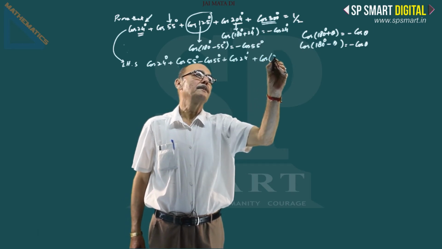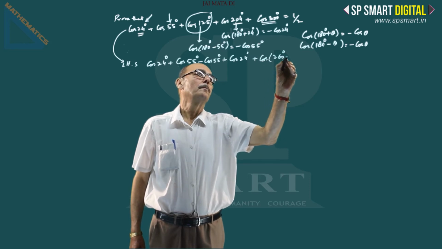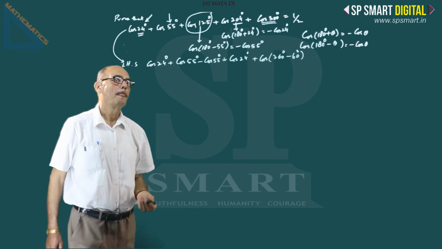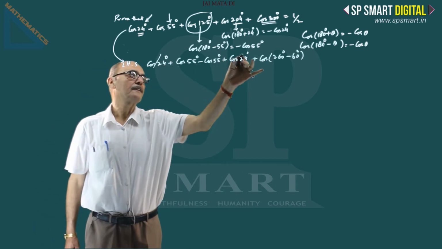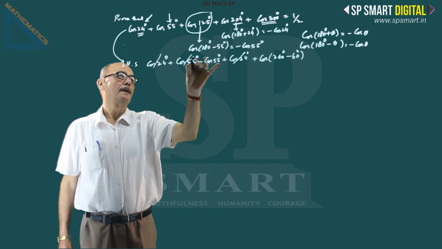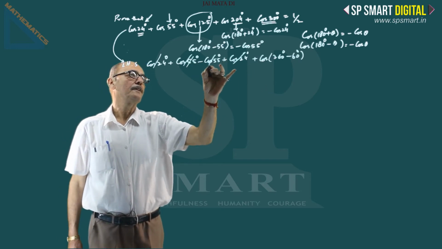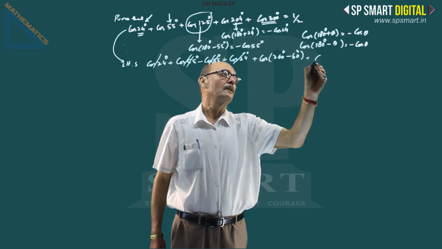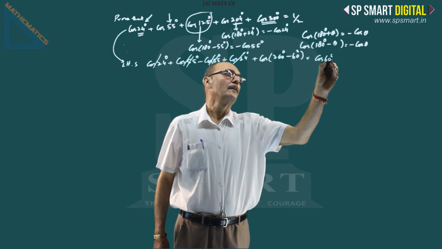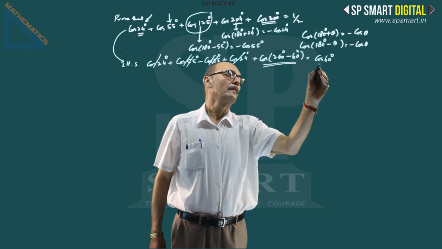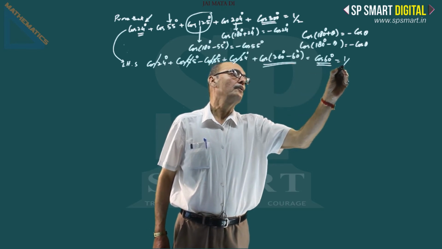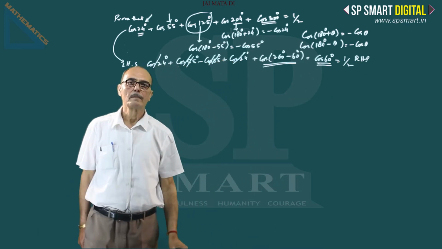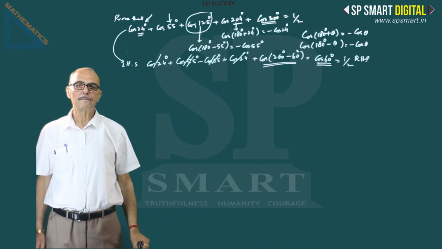This can be 360 minus 60. Now, this cos 24 degrees gets cancelled with this, 55 gets cancelled with this, and you are left with cos of 60 degrees, which is equal to 1 by 2, the right hand side. I hope this example is clear to you.